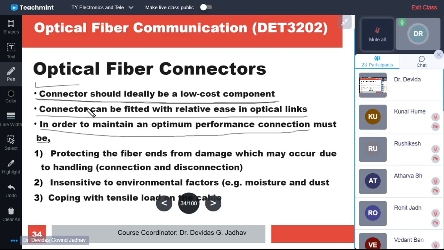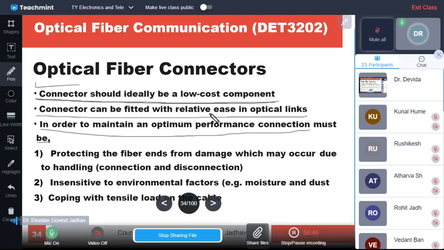So the overall functioning of the system becomes cost effective. Similarly, in an optical fiber communication system, every component must be cost effective: source, detectors, fibers, and similarly the connectors and the joint making methods and devices. So the connector should ideally be a cost effective component.